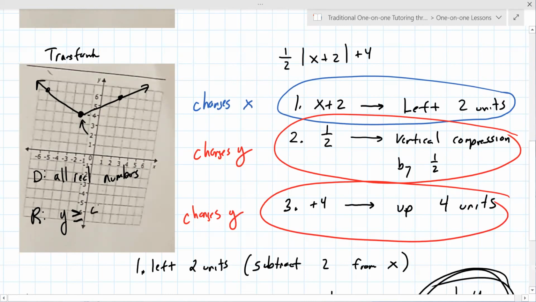So y is greater than or equal to 4. So there is no formula. This is the domain, all real numbers, and the range is y greater than or equal to 4. You want to get that down for both.